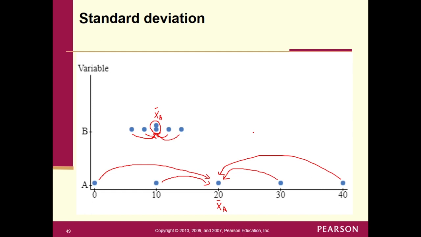So how do you get rid of negatives? There's a couple of different ways, but in statistics we decided to square all those. That's why we square the deviations, to get rid of these compensating negatives and positives. So graphically, that's what's going on with the standard deviation.